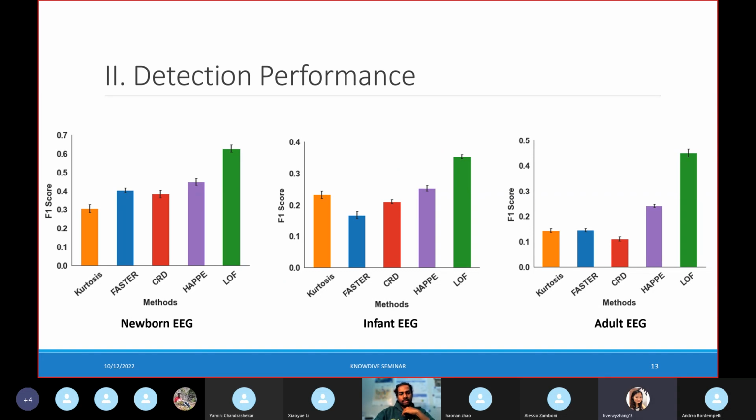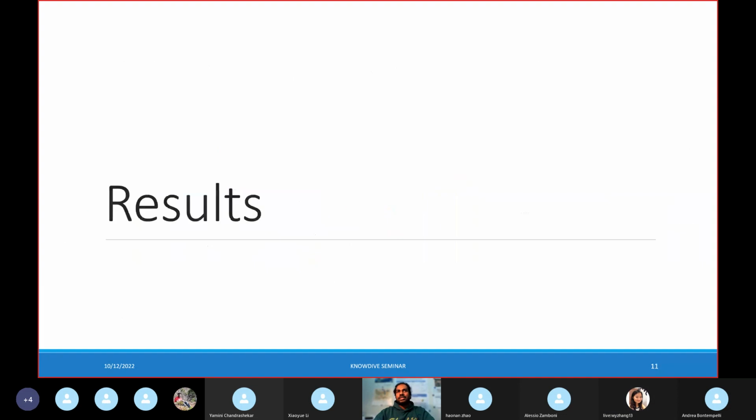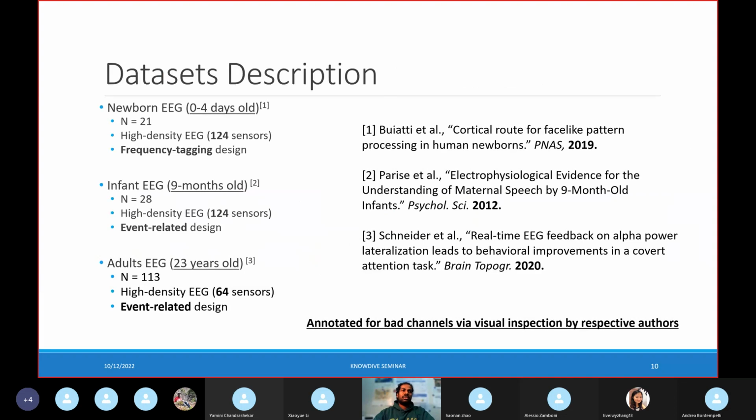Okay, so one more question is about how did you get the ground truth? I think I probably missed this part. How do you get this ground truth? The ground truth, it's from these authors. So they visually inspect the data. In fact, a few years ago, the traditional way to detect artifacts was to visually inspect the data.